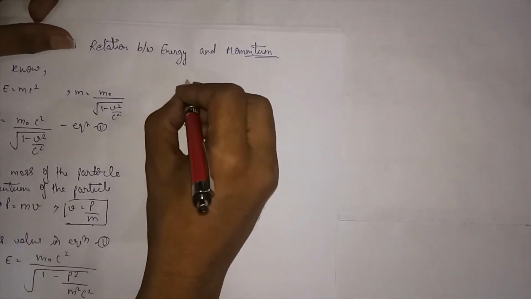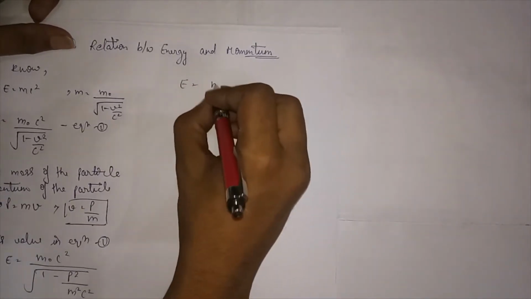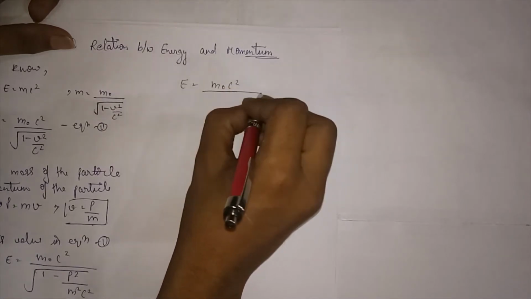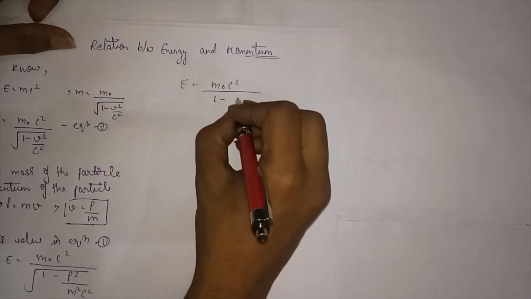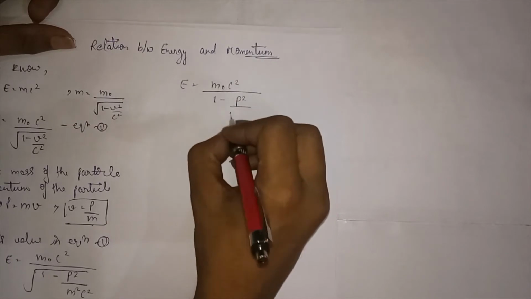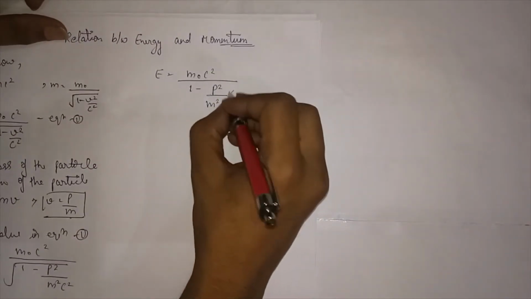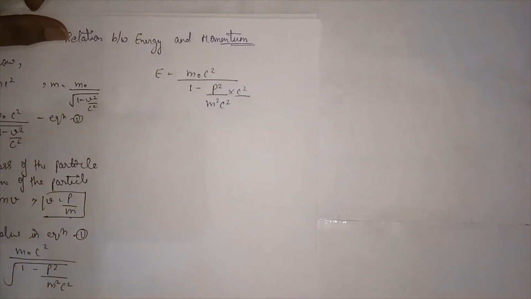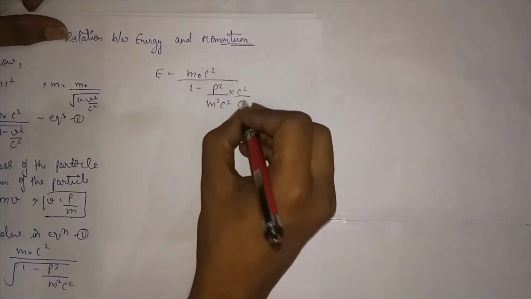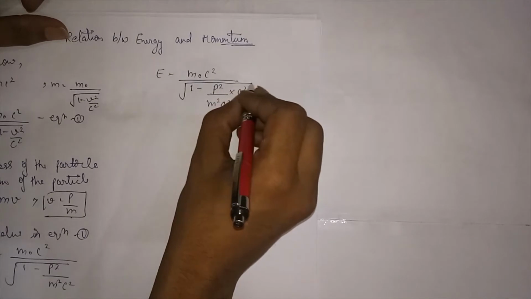then E equal to m naught c square upon under root 1 minus p square upon m square c square. Now multiplying numerator and denominator by c square upon c square under root.